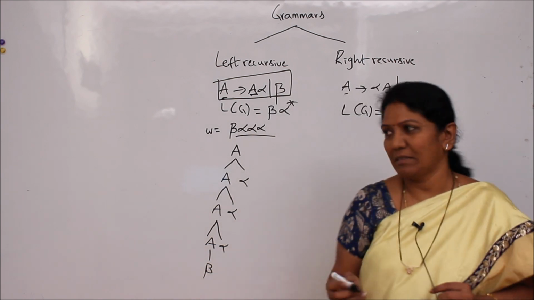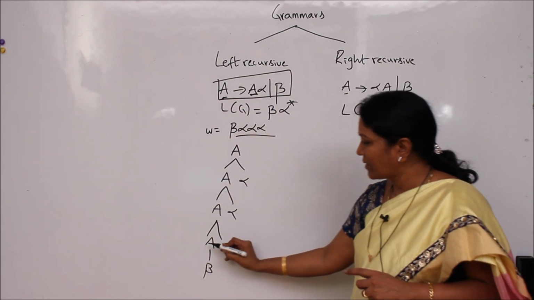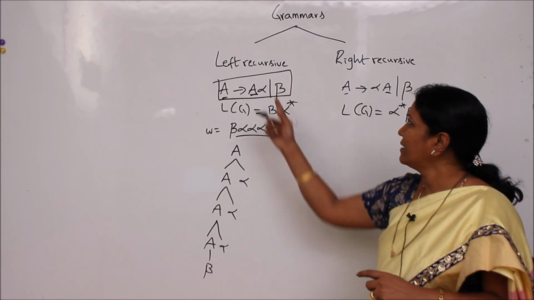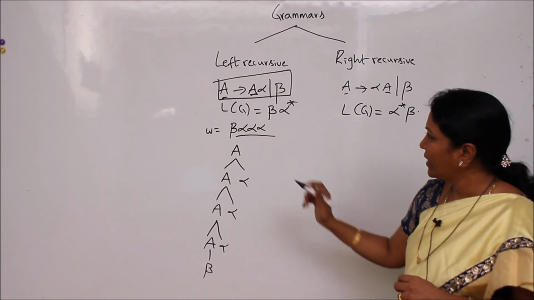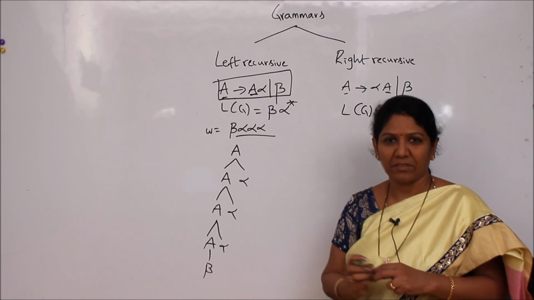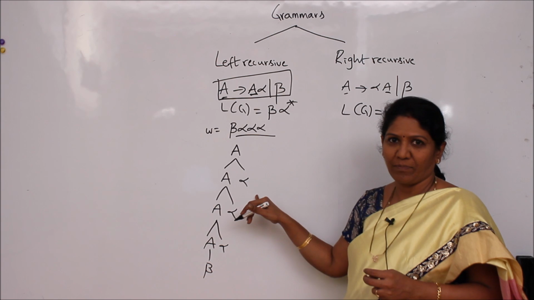When the grammar is left recursive, when you construct the parse tree, the tree grows towards left, that is left recursive. So here if you assume this A as a function, what is happening? Initial A is expanded with A alpha.